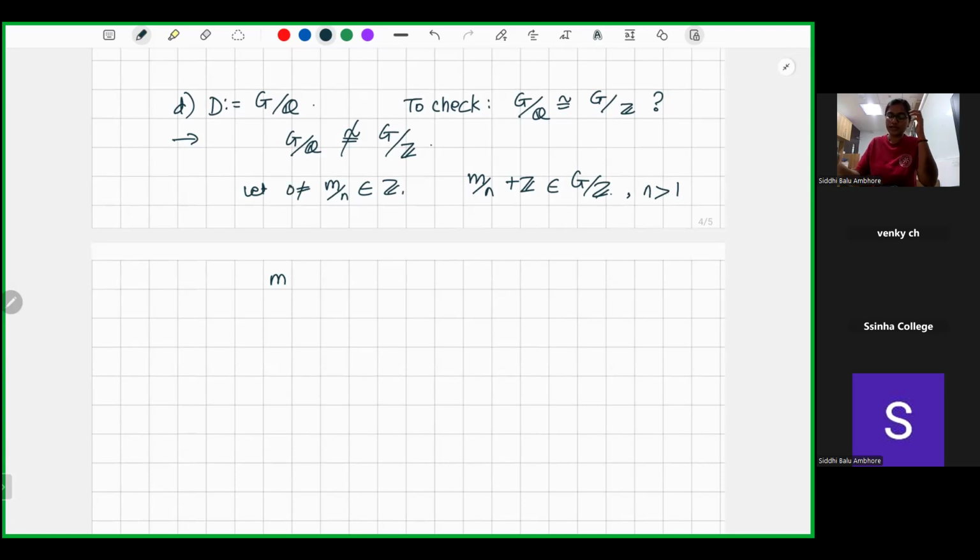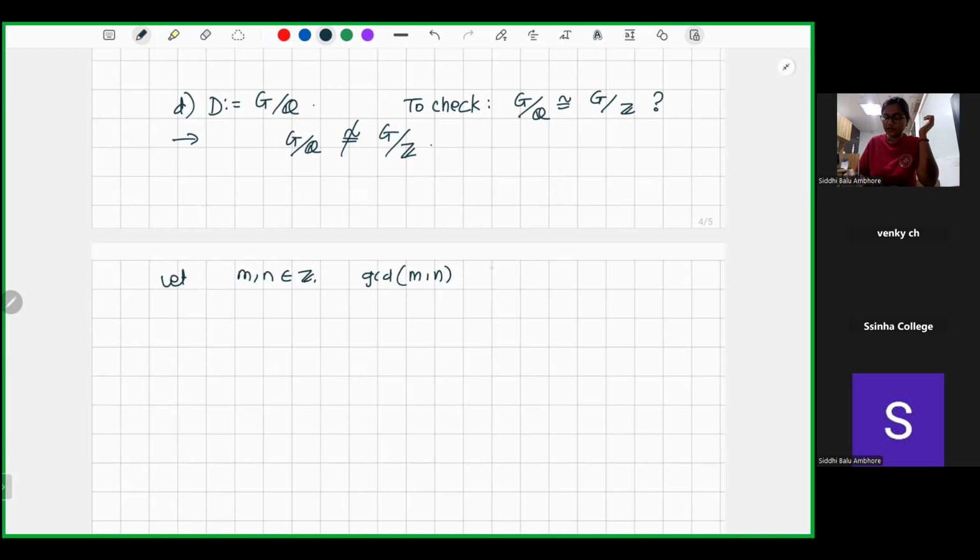Let m comma n belong to Z such that GCD of m comma n is 1, m and n non-zero, and m quotiented by n belongs to R implies non-zero m quotiented by n belongs to G quotiented by Z. For this to be non-zero in G quotiented by Z, I needed the GCD of m and n to be 1. And I'm assuming that n is greater than 1.